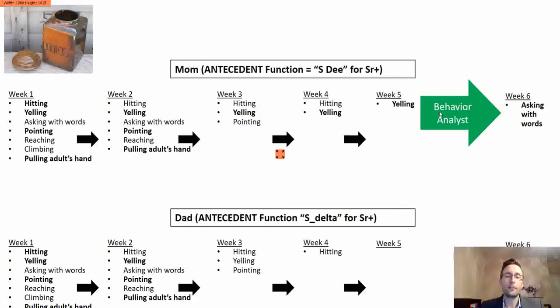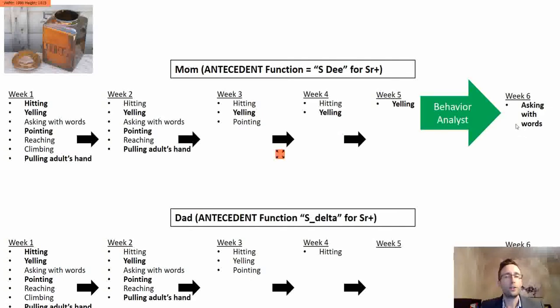And so a behavior analyst steps in and trains mom to withhold cookies for yelling and only give cookies if the child asks with words. And so in week 6, as a result of only giving cookies for asking with words and withholding cookies for yelling, yelling has been replaced with asking with words.